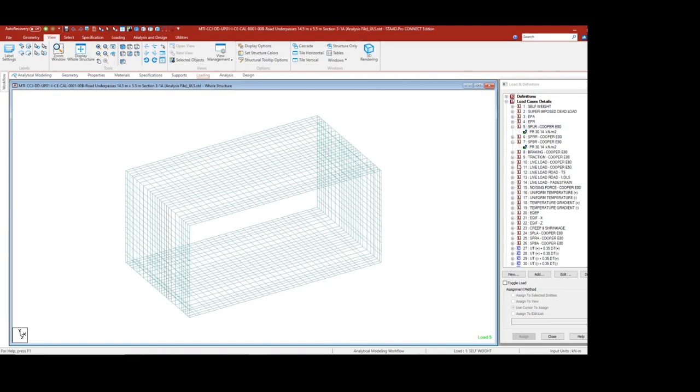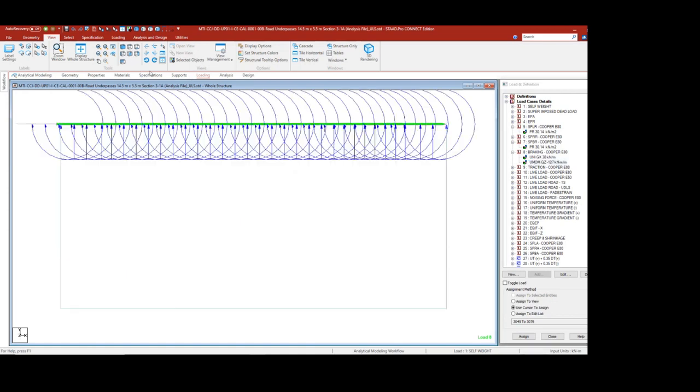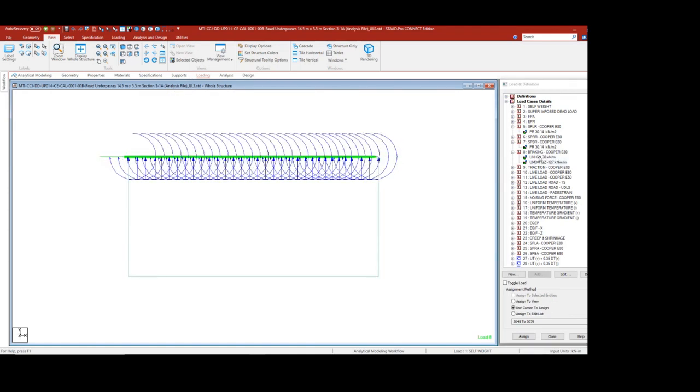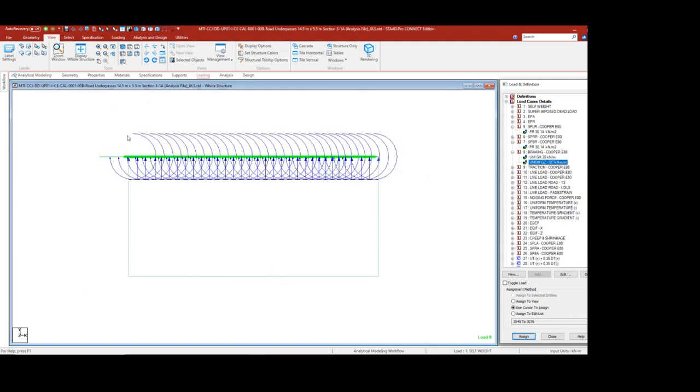This is the braking force, and this is the corresponding moment, because this braking force is applicable at some height, so we need to shift it here as a braking force and moment.